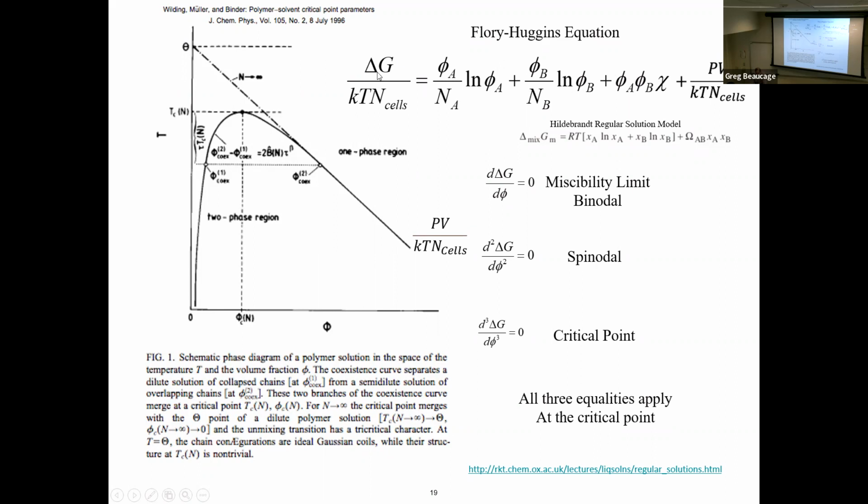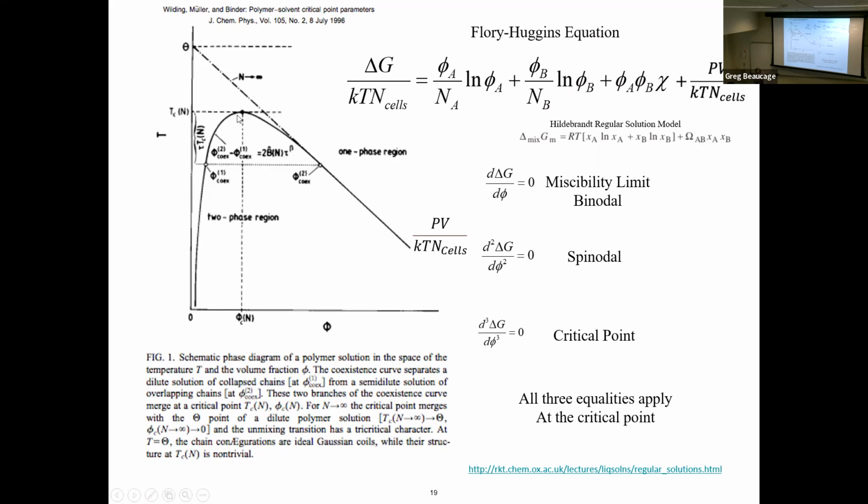Because to determine a phase diagram, like temperature versus composition, with two phases in the middle and one phase outside that loop, you need to determine the critical point for one thing. So you have a binodal line, which is a cloud point line, or the phase separation line. Within that, you have a spinodal line, where spontaneous phase separation happens.